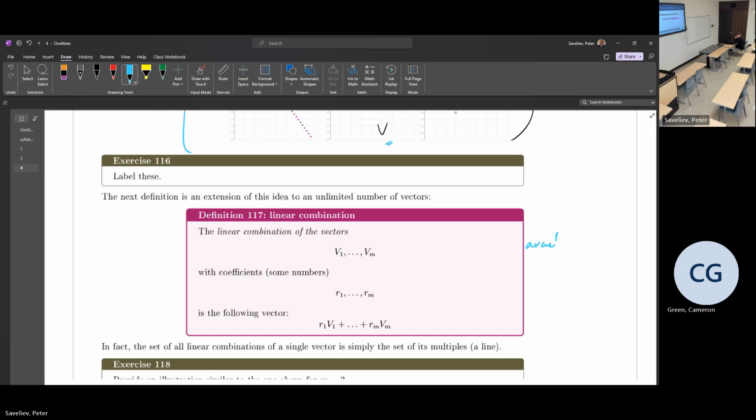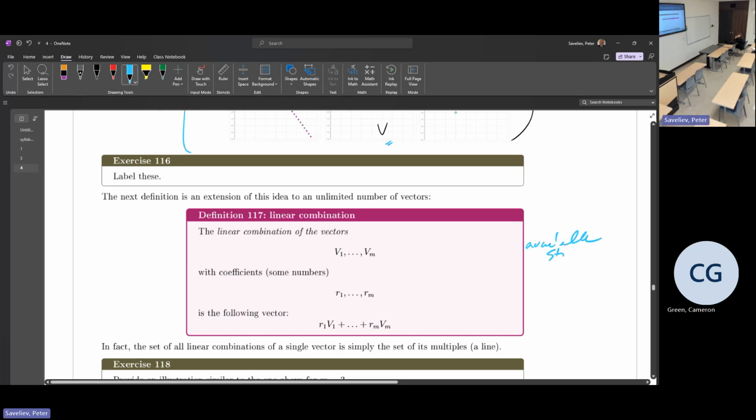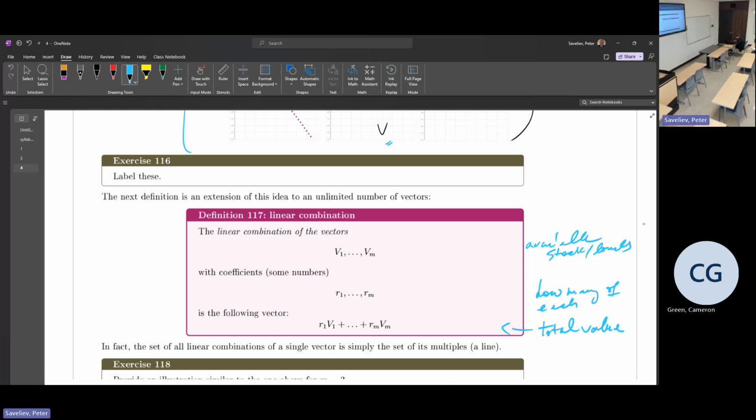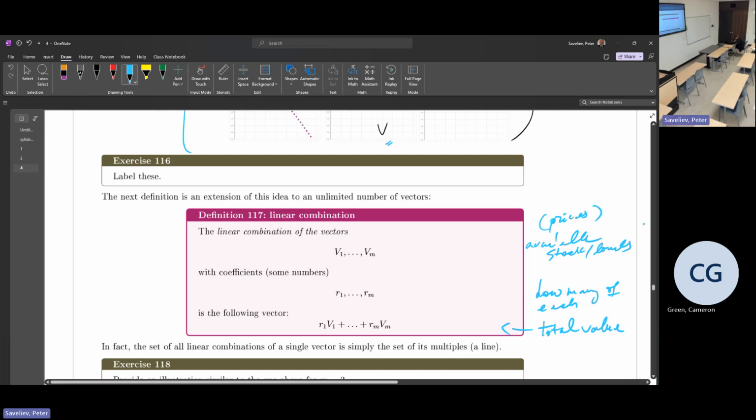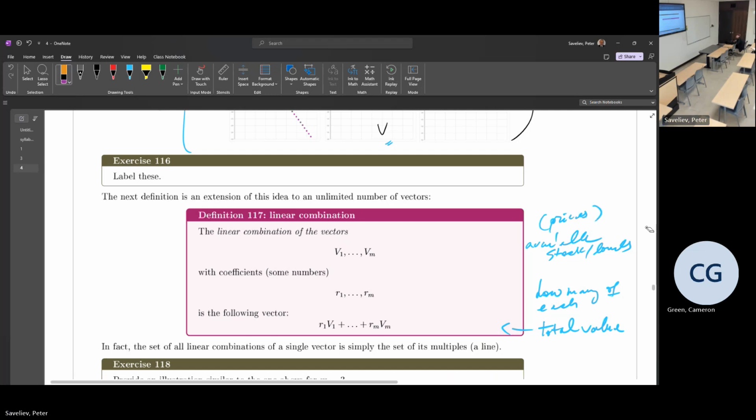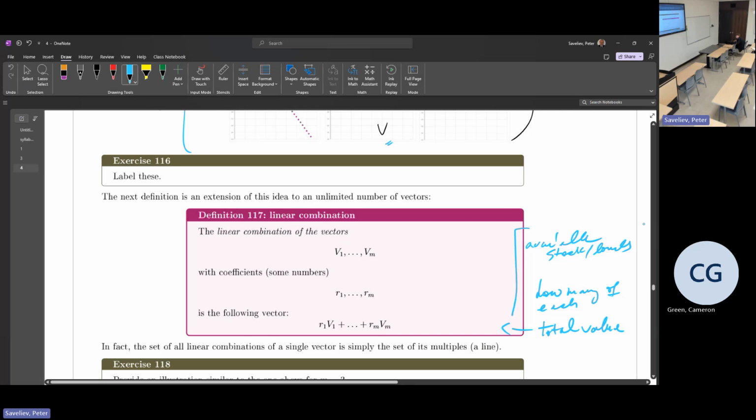So available stocks, bonds, and this is how many of each that we choose, and this is the total value. Available stocks, bonds, meaning the prices. Okay, hold on a second. This is an oversimplified situation, where if you start with stocks and bonds, each of them probably is the basis.